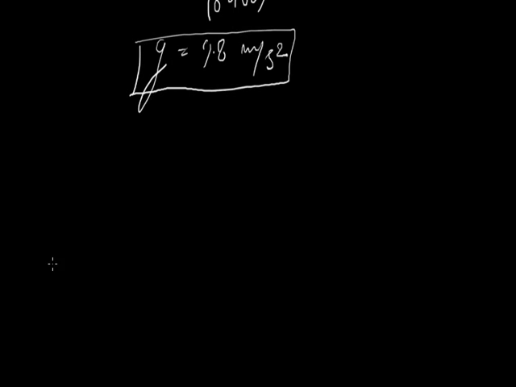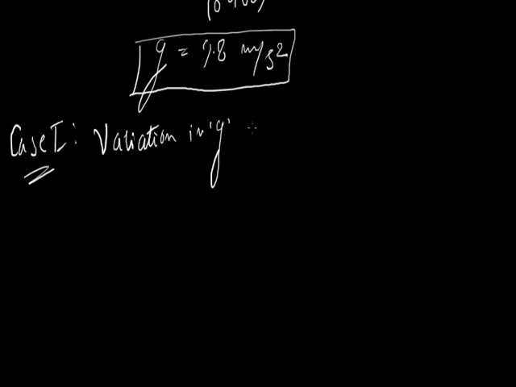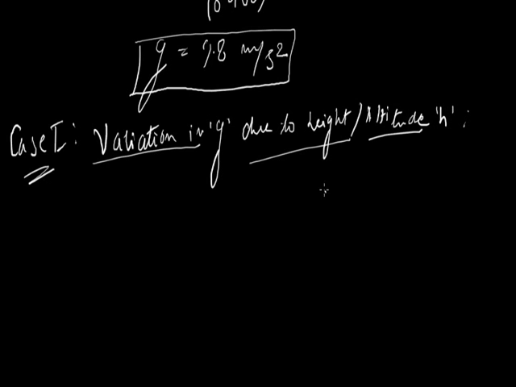So the first case will be variation in g due to altitude h. Consider the Earth having radius R. Now we need to calculate the acceleration due to gravity at this height h.